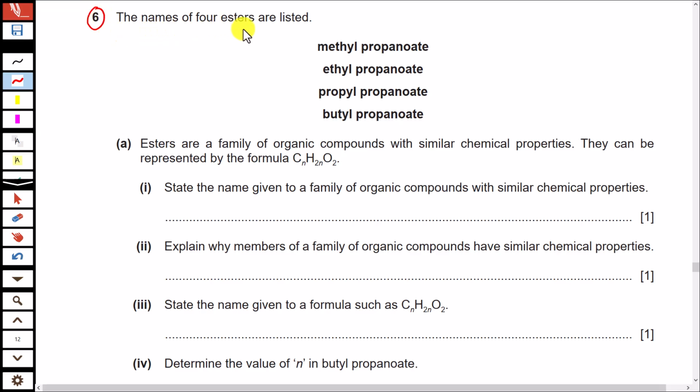The names of 4 esters are listed: methyl propanoate, ethyl propanoate, propyl propanoate, and butyl propanoate. Esters are a family of organic compounds with similar chemical properties. They can be represented by the formula CnH2nO2. State the name given to a family of organic compounds with similar chemical properties: that is called a homologous series.